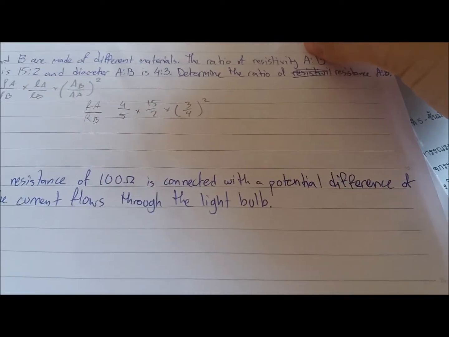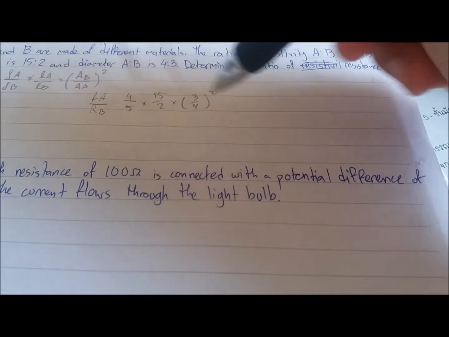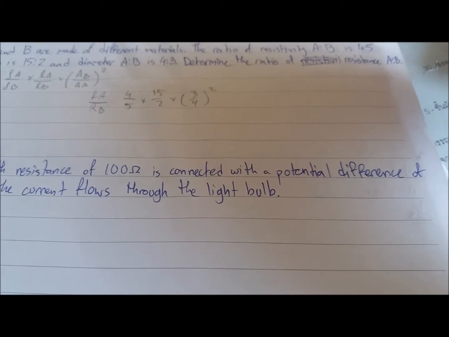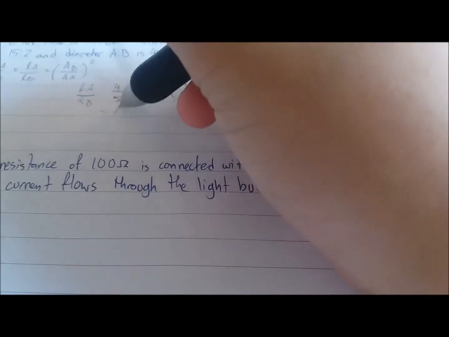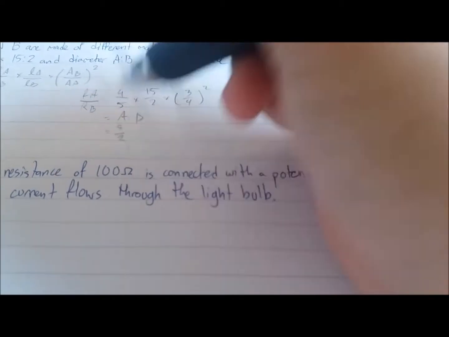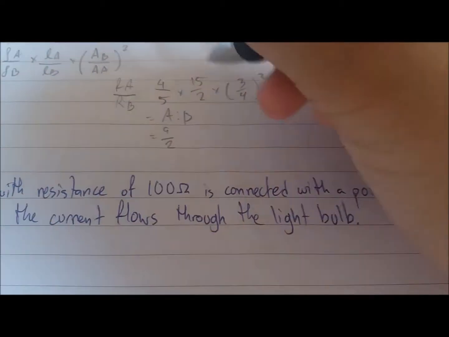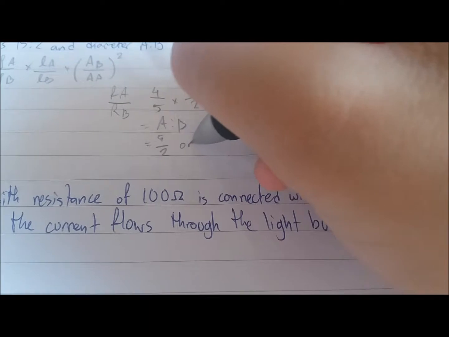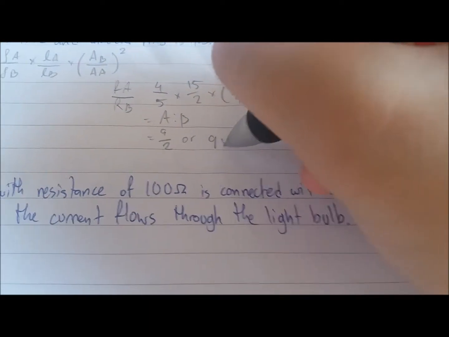You can cancel a lot of numbers in here and you will get A to B equals 9 over 2, or 9 to 2.